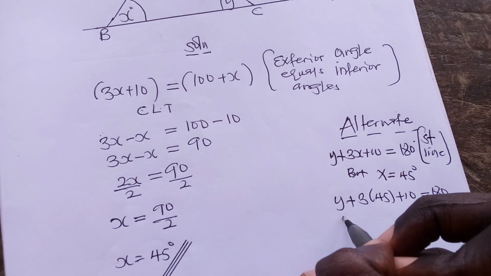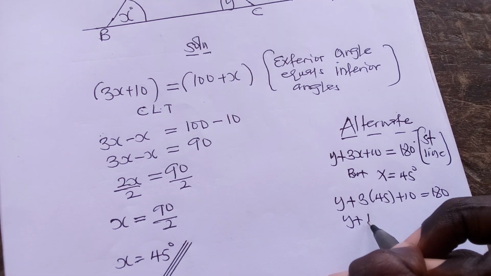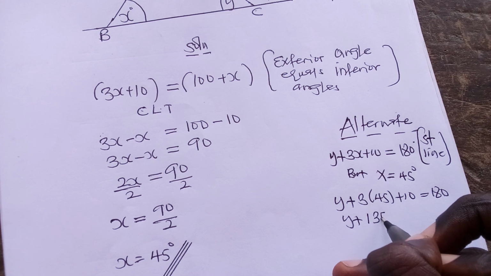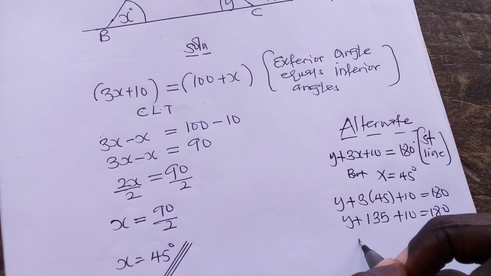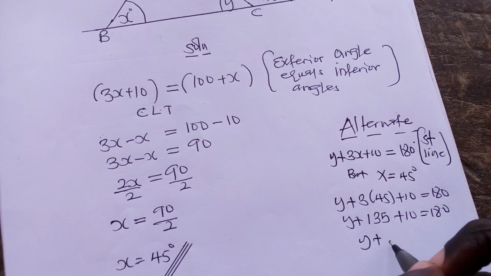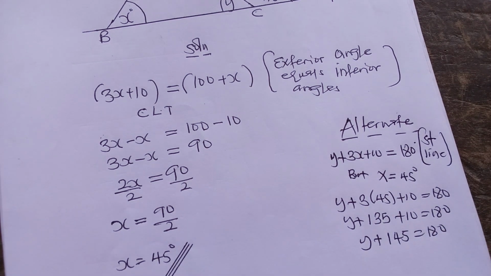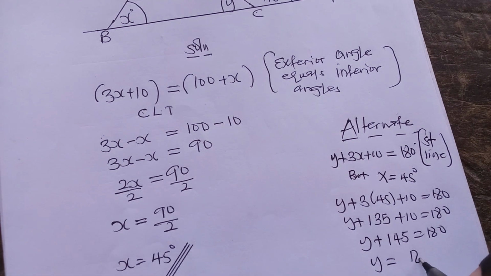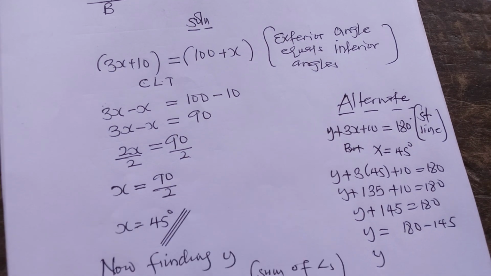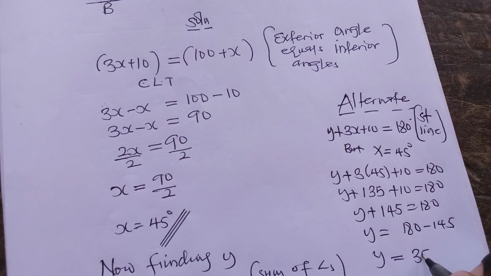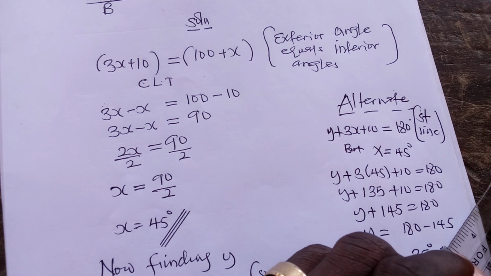Then we multiply: 3 times 45 is 135, plus 10, so y plus 145 equals 180 degrees. You want to find the value of y, then y becomes 180 minus 145. Here the value of y also becomes 35 degrees. So you're going to have the same answer with either of the two alternatives you use.